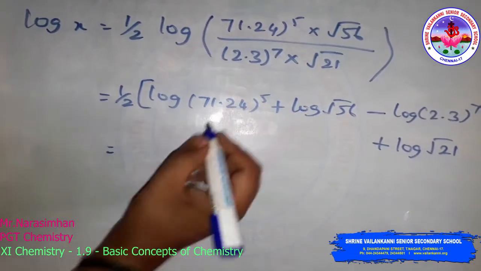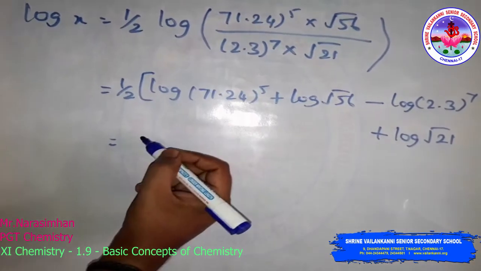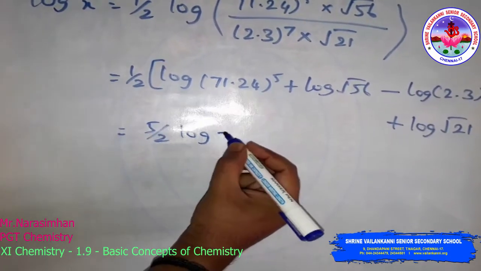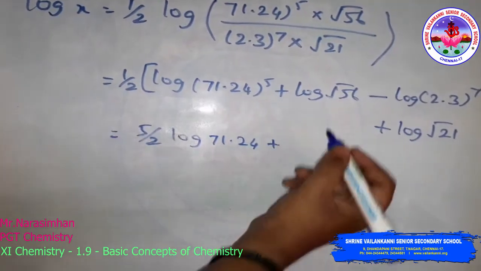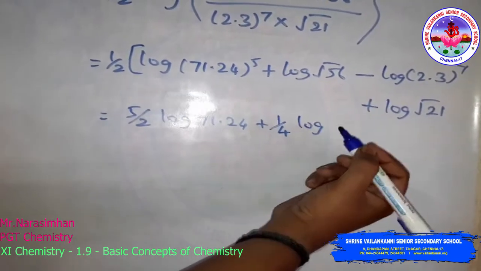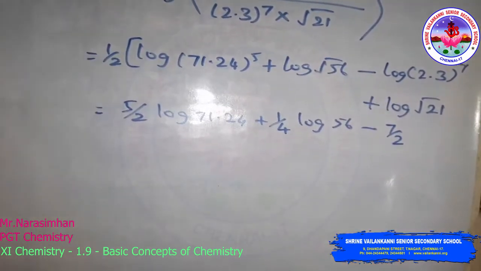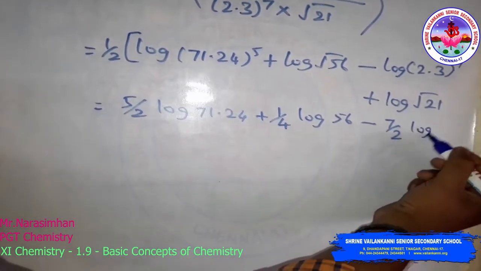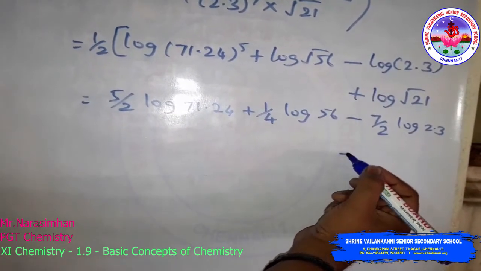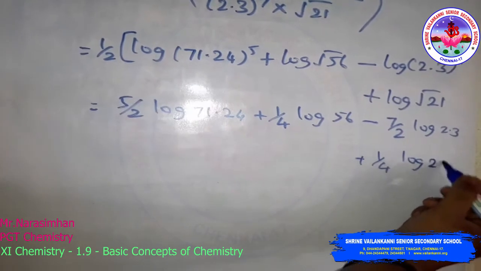Then adding these values, that is 1 by 2, it will become 5 by 2 because the power is 5, 5 by 2 log of 71.24 plus, already this is root of root, so it will become 1 by 4, so 1 by 4 log of 56 minus 7 by 2 log of 2.3 minus, sorry, plus 1 by 4 log of 21.